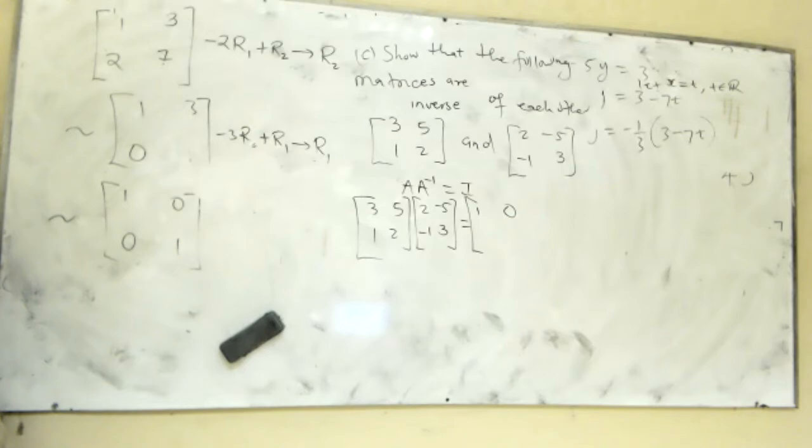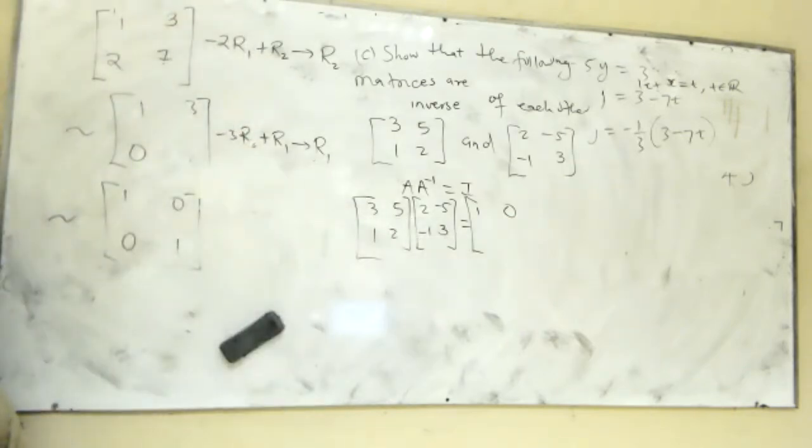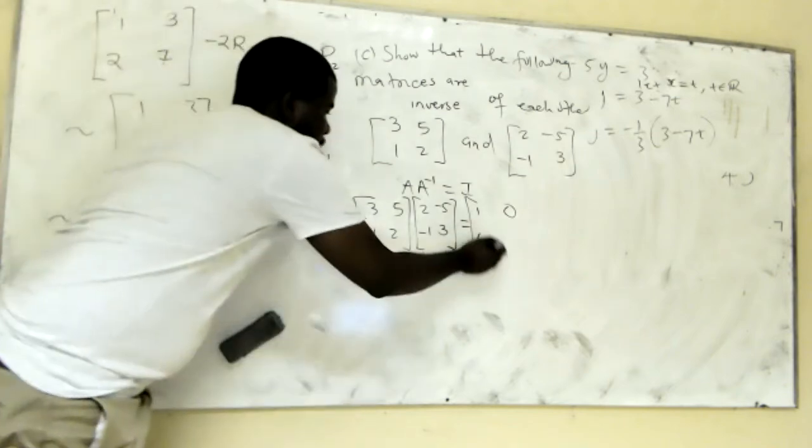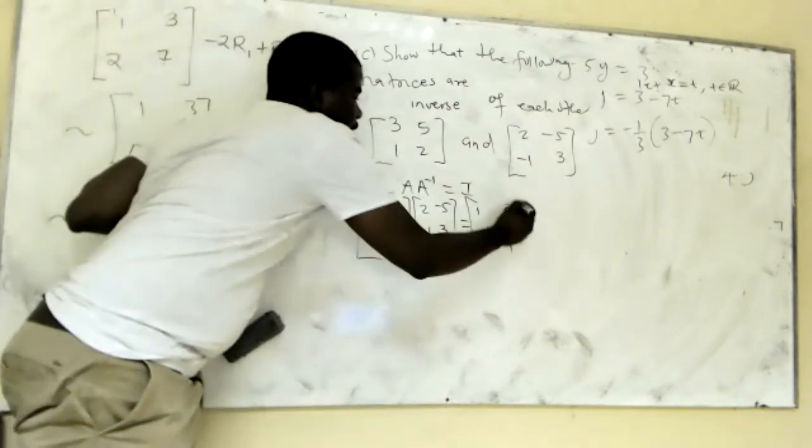Mr. Ndo, what do we get for the next component there? We are going to use 1. 1 times 2 plus 2 times -1, we're going to get 0. It's going to be 0 there. And then for the last one, 1 by -5 plus 2 by 3, we are going to get 1. And what is that?